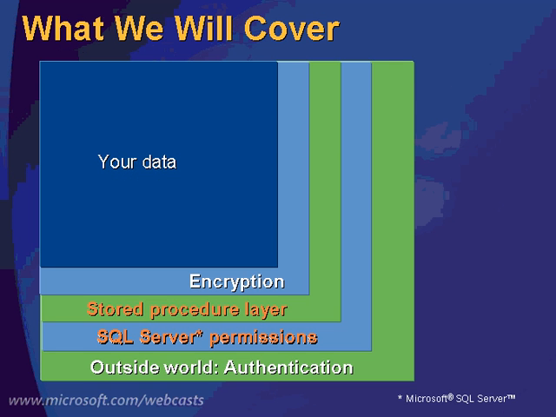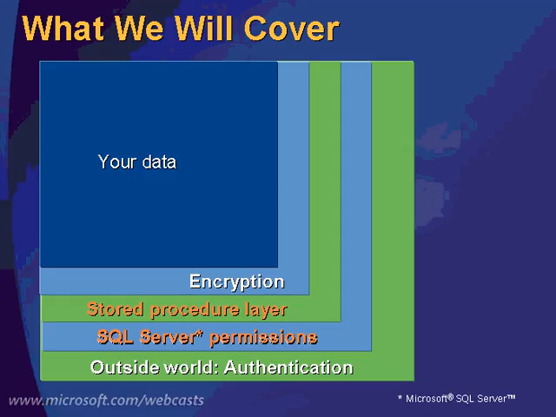So let's get started. What we're going to cover today, as I mentioned, is how to secure your data. What you see here is a simplified illustration of, from a development point of view, the layers that are involved in data security. We start at the outside world. We have authentication.